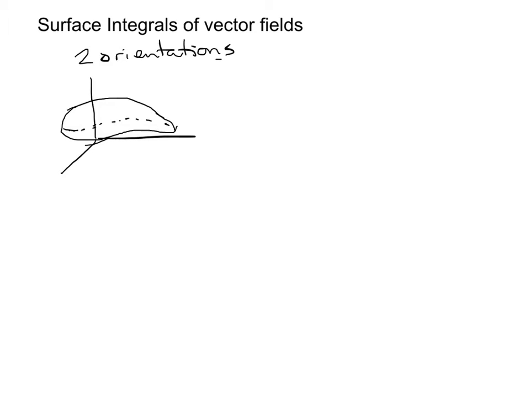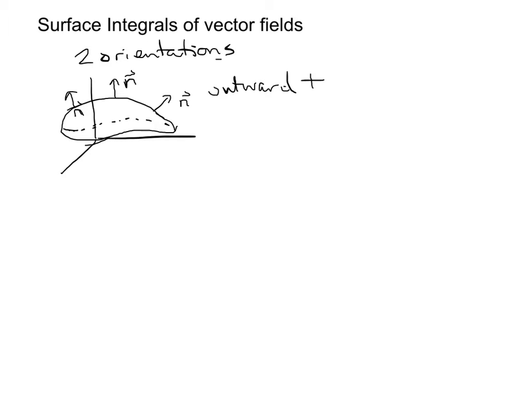If the normal vectors point away from the surface, I'm just going to draw a few different examples of normal vectors along this blob. So if the normal vectors point outward, then that is considered positive orientation.